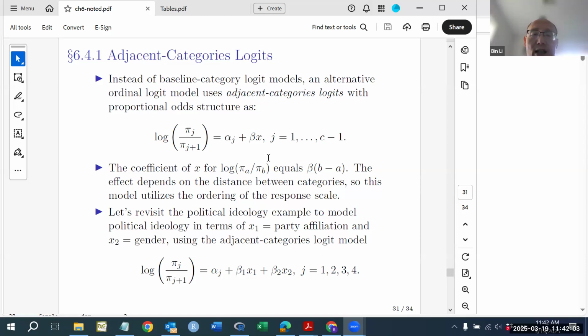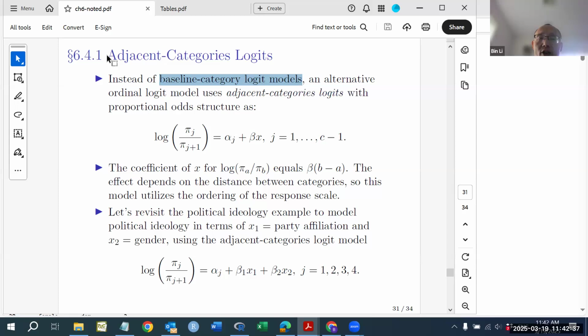In other words, these are alternatives to the baseline category logit models. Is that clear? If the response is not ordered, not ordinal, but nominal, then the baseline category logit model is not the only choice. It is one of the choices that you can use, and we can use some others. So what are the others?